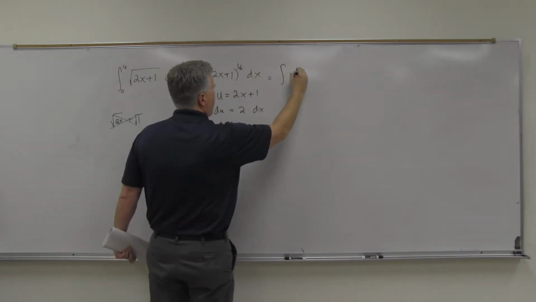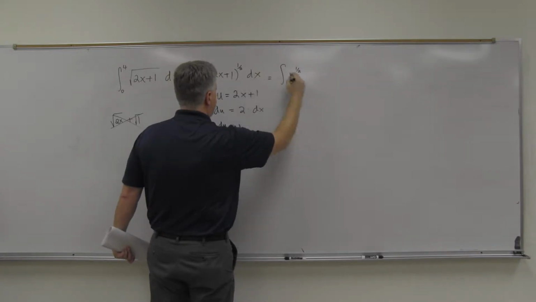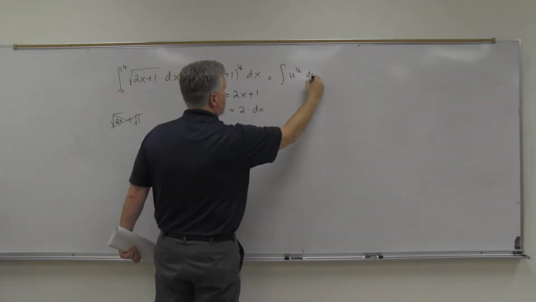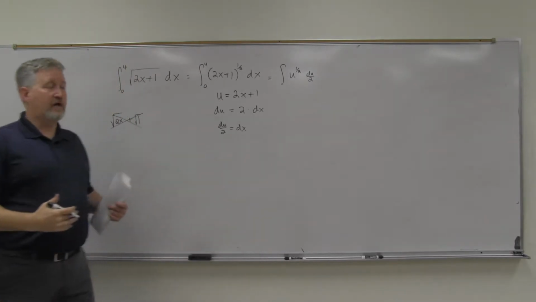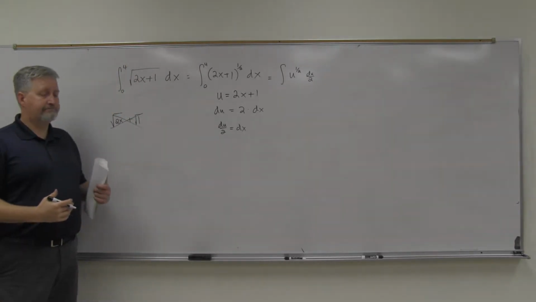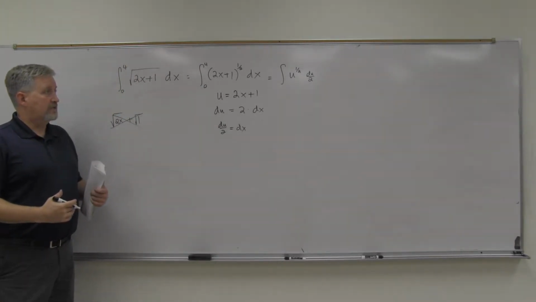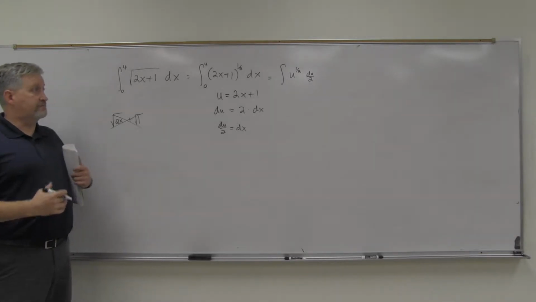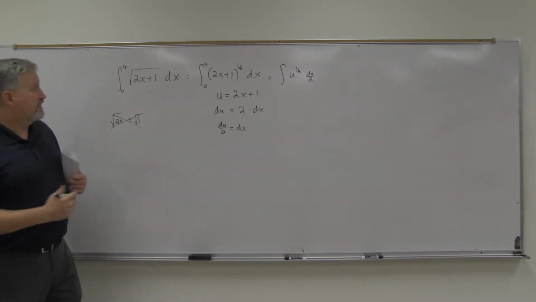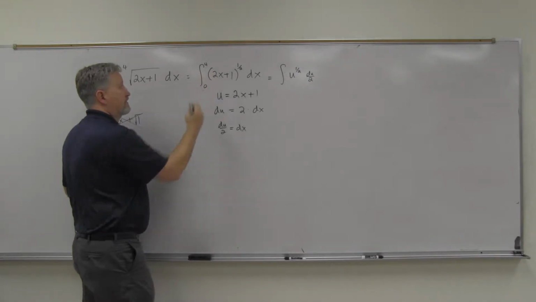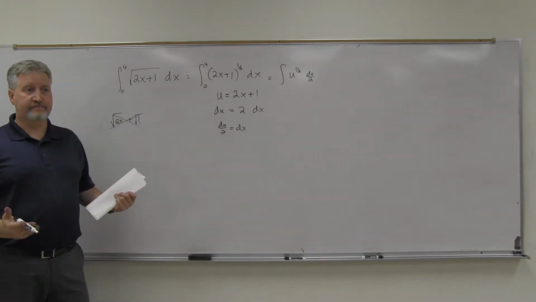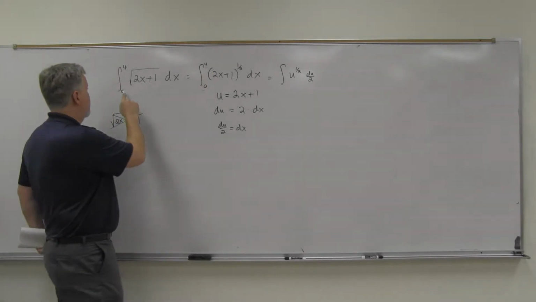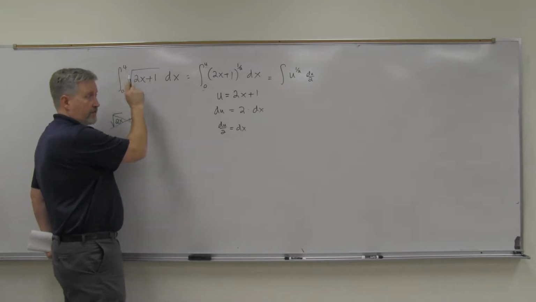So I've got u to the 1/2, and then dx is du over 2. And so I'm in good shape as far as the antiderivative is concerned. But what I'd like to point out now is these limits are in terms of x, right? When I start with this, x is 0, x is 4.